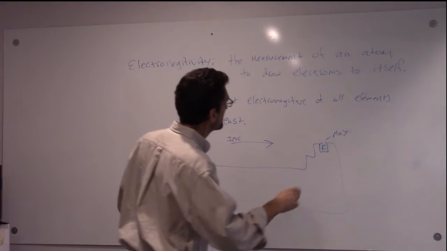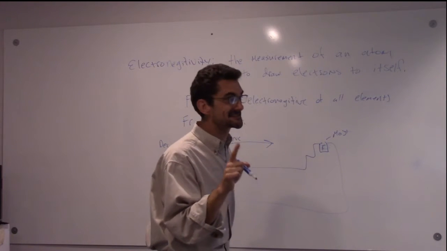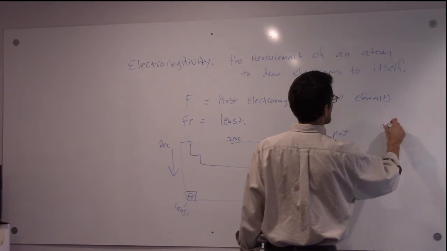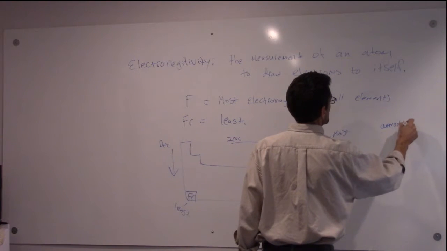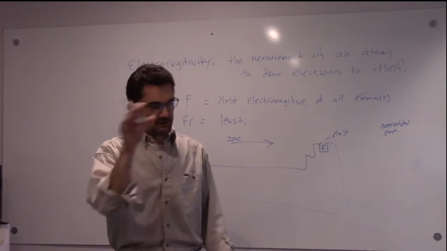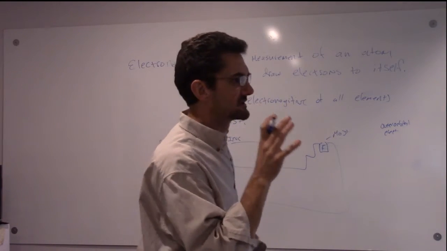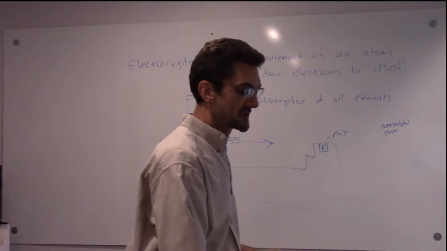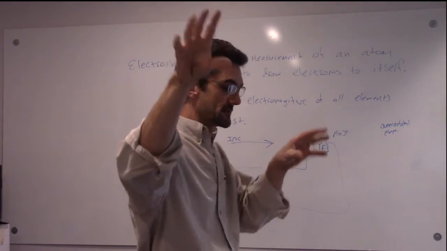Not only this, but you've got, and we're going to talk about this later, outer orbital electrons. When these electrons are all around the nucleus of an atom, as they get bigger, these electrons get further and further away from the nucleus.